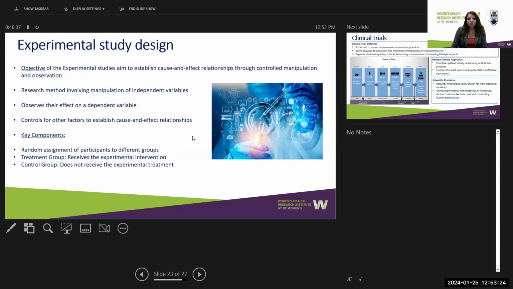The objective of experimental study design is to establish cause and effect relationships through controlled manipulation of observation. Research methods involve manipulating independent variables, observing the effect on dependent variables, and controlling for other factors to establish a cause and effect relationship. So basically, in experimental study design, we have a lot of power.